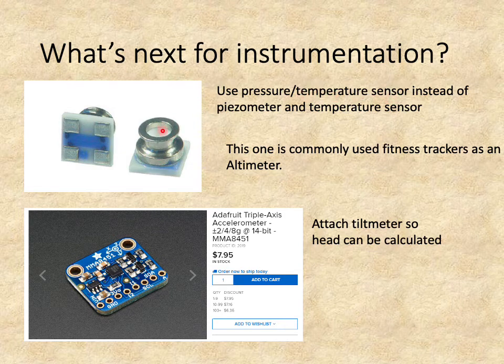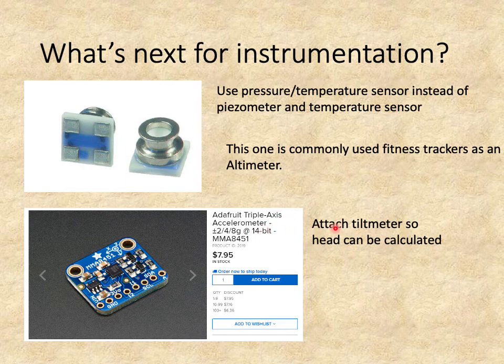And here are some sensors that we're going to start looking at using. This one is using fitness trackers as an altimeter. We'll just put a series of 7 or so of these in a string. They'll measure pressure and temperature, and so we can get our gradient and our temperature measurements with depth.